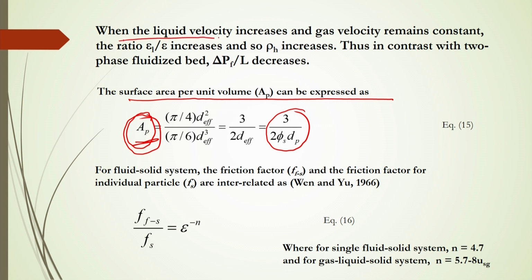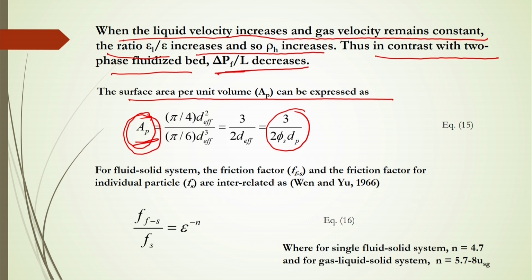Now, when the liquid velocity increases and gas velocity remains constant, the ratio of epsilon L by epsilon increases, and so density will increase. Thus, in contrast with the two phase fluidized bed, this frictional pressure drop decreases, and also the drag coefficient, or you can say friction factor FFS, will depend on the porosity or void fraction of the gas and liquid mixture here.